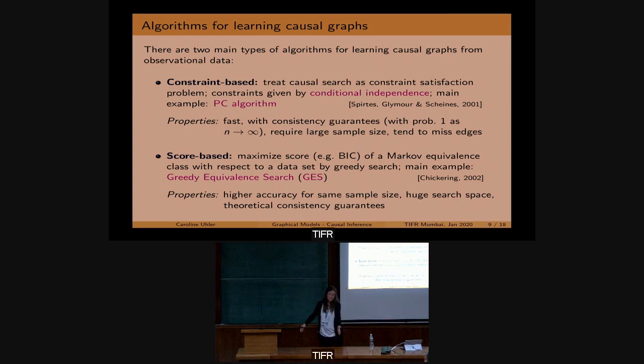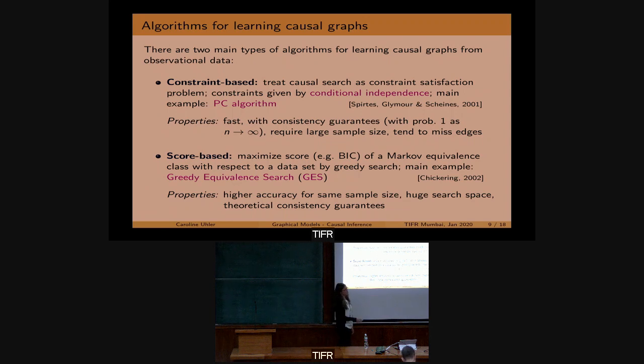Then I try to find a causal graph that satisfies as many of these conditional independence relations as possible. This is usually fast, and you can show that these algorithms are consistent: as the sample size goes to infinity, they will output the correct graph.